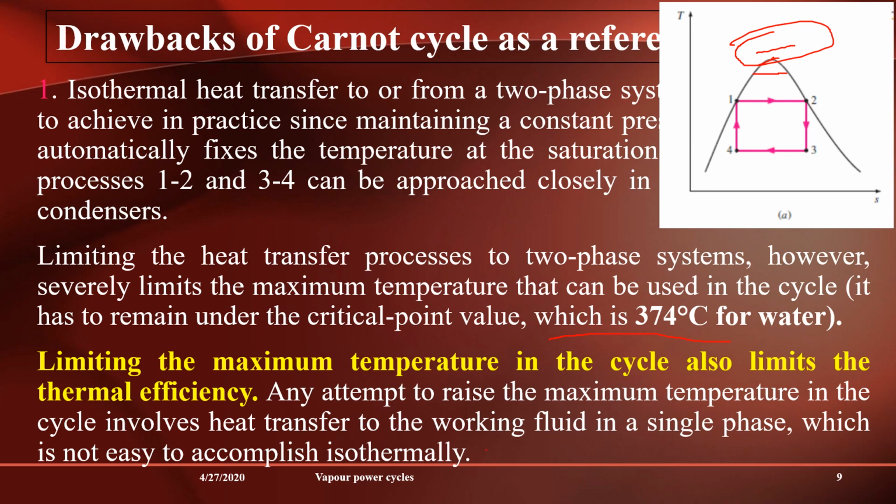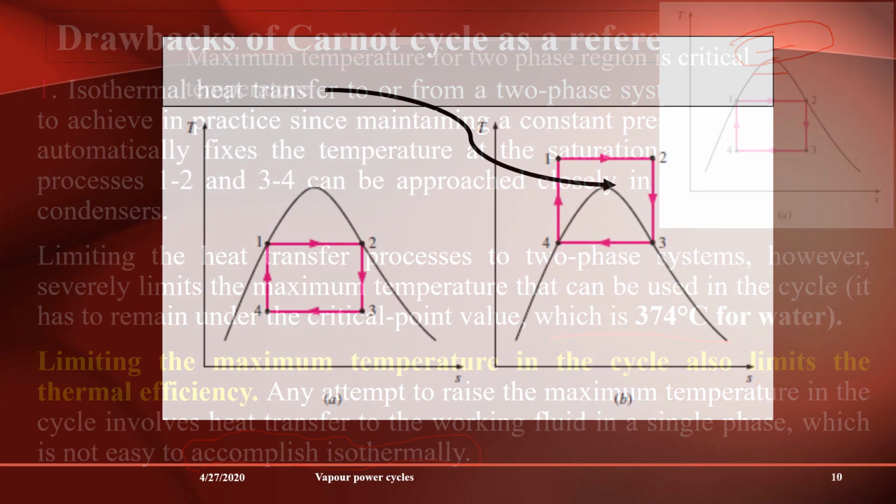If we go beyond this point, the isothermal condition is not achieved, because as heat is added, the temperature keeps increasing. But in the mixed region, inside this vapor dome, even as we add heat we can keep the temperature constant. That is possible. So that is the first issue.